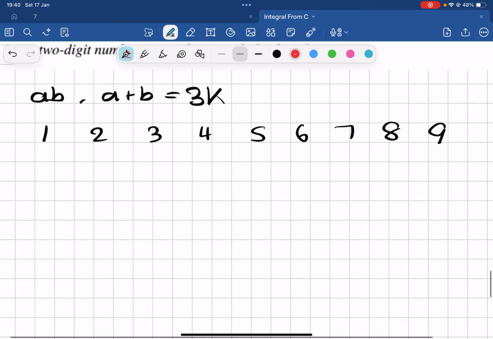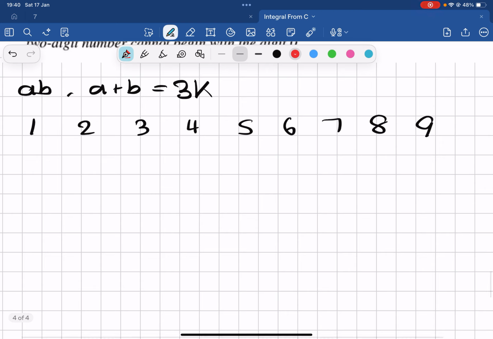We know that the sum of the digits must add up to a multiple of 3. So multiples of 3, let's just circle them: 3, 6, 9. 1 plus something equals 3, which is 2. 1 plus something equals 6 is 5. And plus 3 to get our last possible two-digit number beginning with 1.